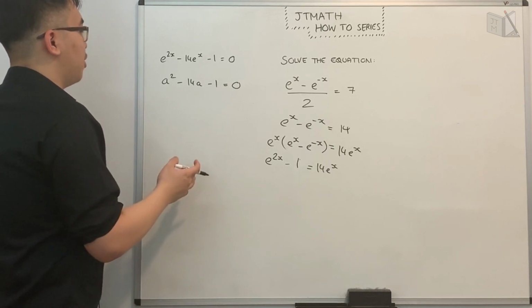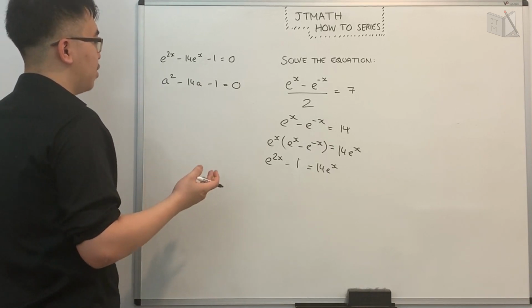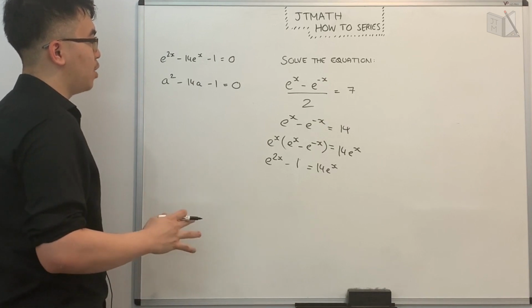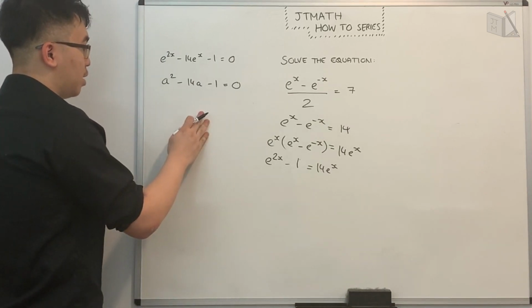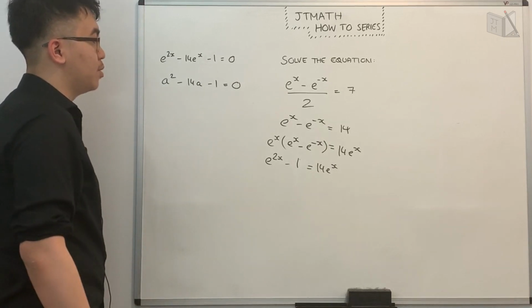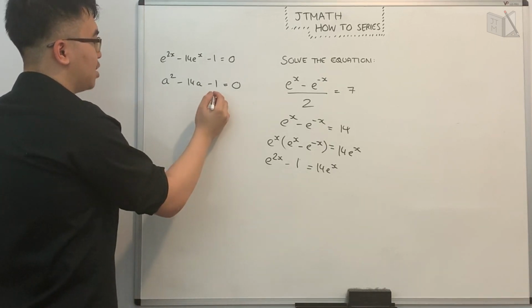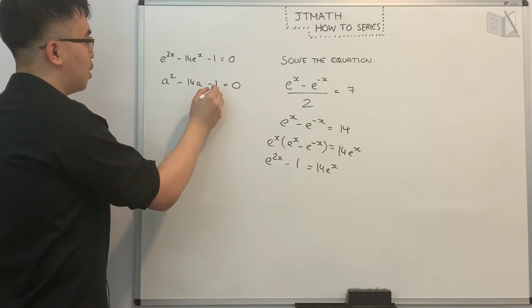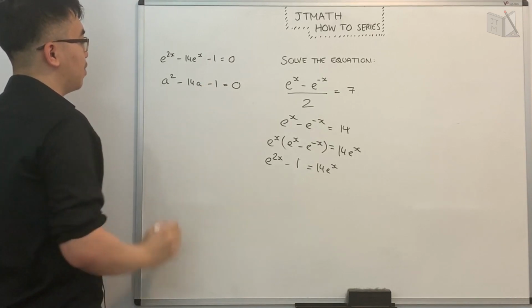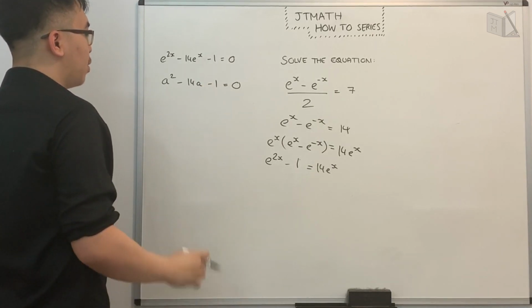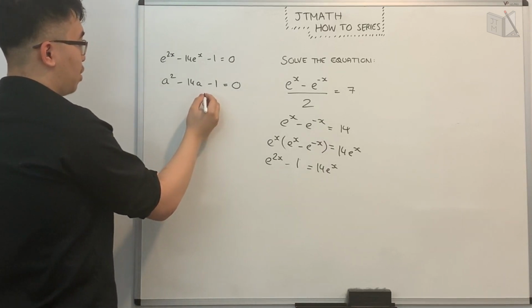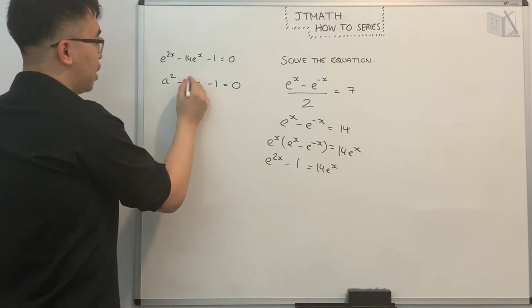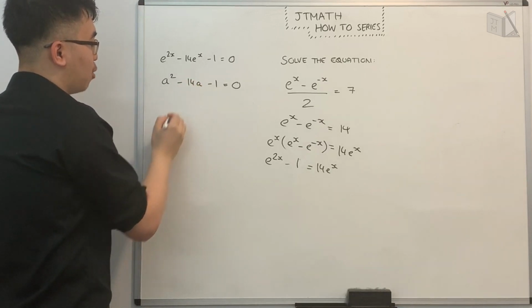I always look to see if the quadratic is factorable first before I try the other methods, as it is the fastest way. It looks like this quadratic is not factorable because there's no possible two numbers that could multiply to give me minus 1 and add to give me minus 14. So I'm going to try and complete the square. To complete the square, we look at this middle number, the minus 14.